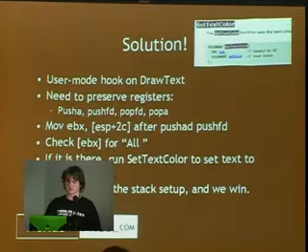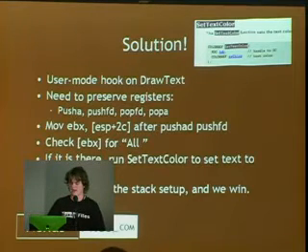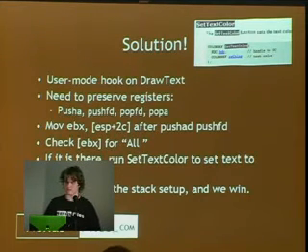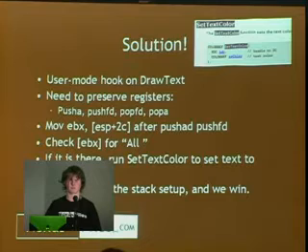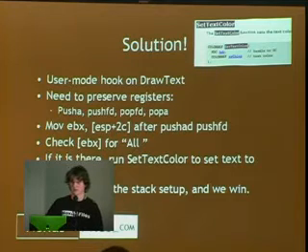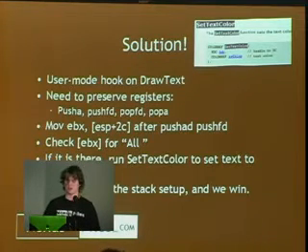So now what we have to do is find the parameter that contains the string so we can actually see what it's trying to write out onto the screen. So basically, after this whole pushad, popad and pushfd sequence, it's located at ESP plus 2C, because it's using the stack to store all these registers, right?